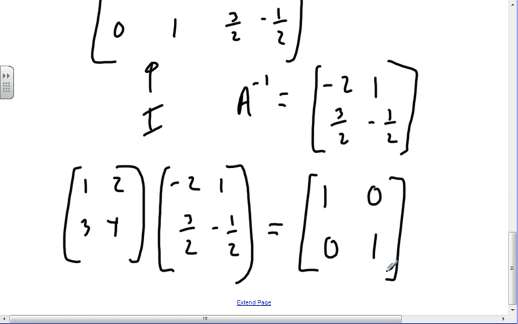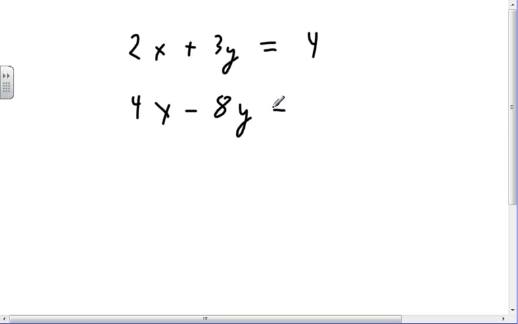Now the cool thing about an inverse matrix is that if I have 2x plus 3y is equal to 4, and I've got 4x minus 8y is equal to minus 13. Let's say I've got that.